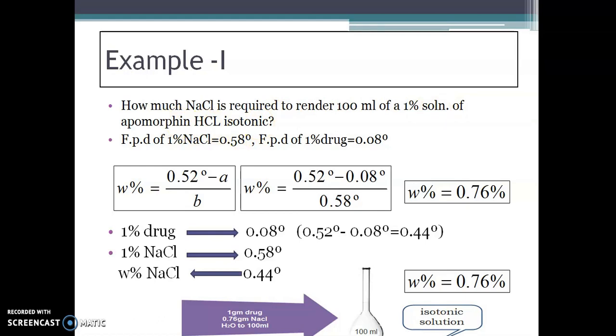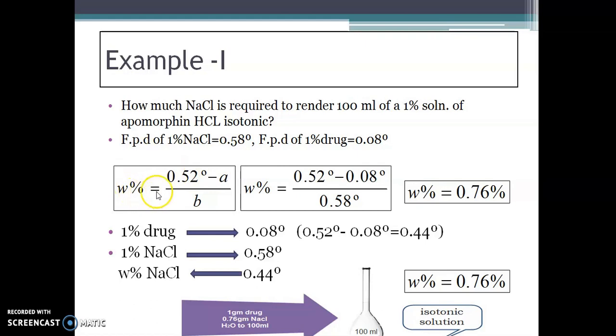The depression in freezing point of 1% NaCl is equal to 0.58 degrees Celsius, and the depression in freezing point of the 1% drug is 0.08 degrees Celsius. So the depression in freezing point of NaCl and of the 1% drug solution are given here.